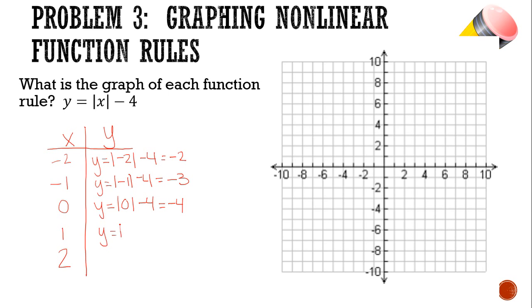Plug in 1. Absolute value of a positive 1 is positive 1, minus 4, negative 3. Whoops, that should be a 2. There we go. Absolute value of positive 2 is positive 2, minus 4, negative 2.